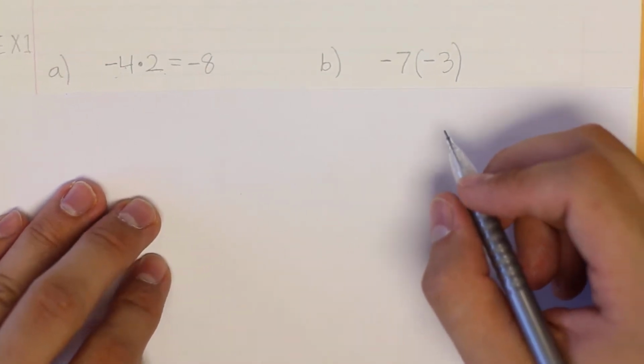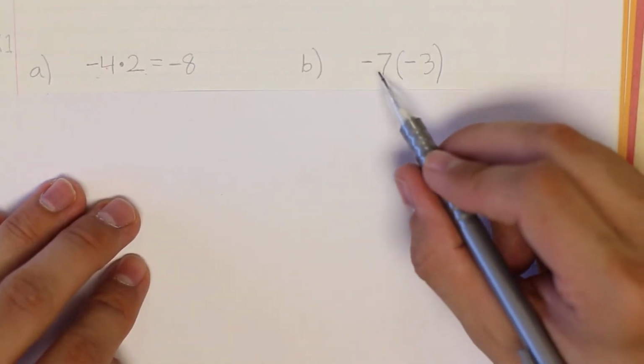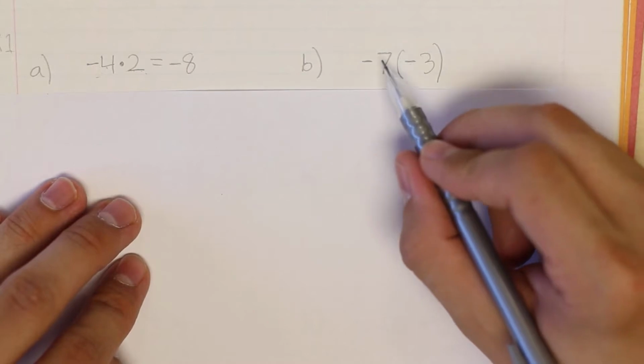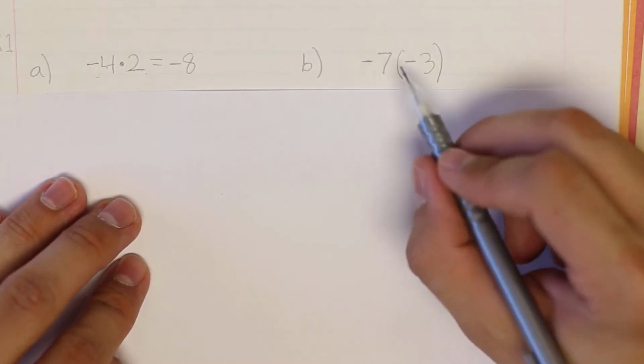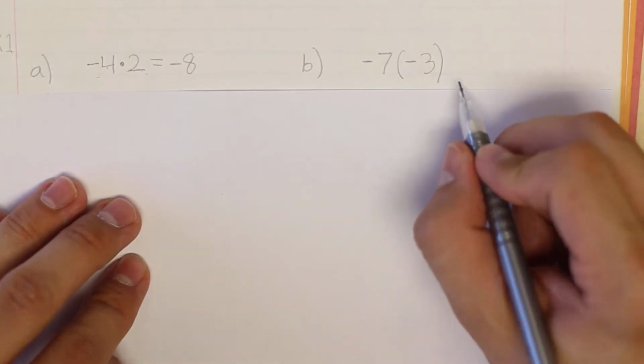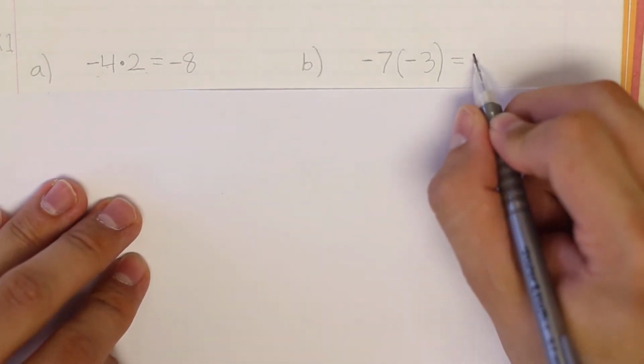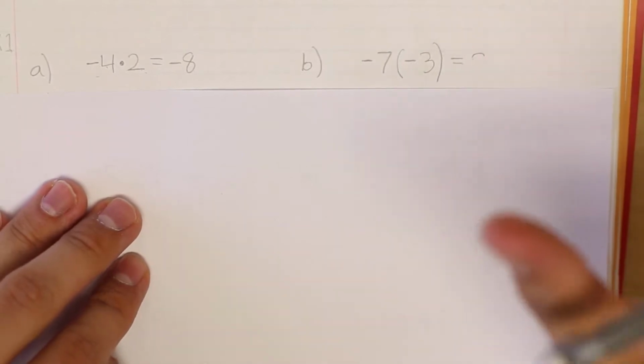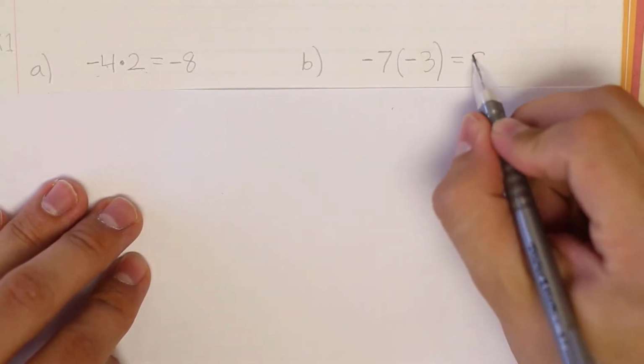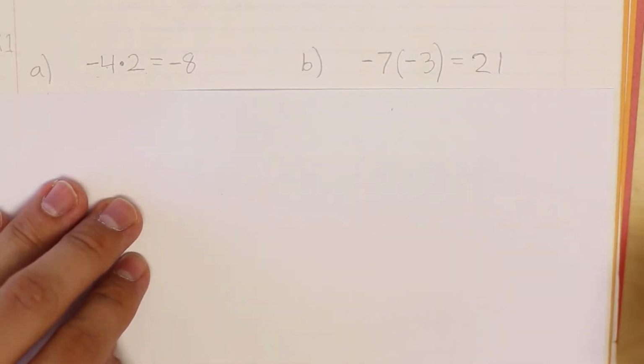Now, if you have two numbers that you're multiplying together and both are negative, they have the same sign, and the negative symbols cancel each other out. So when we multiply together like this, we end up with positive 21.